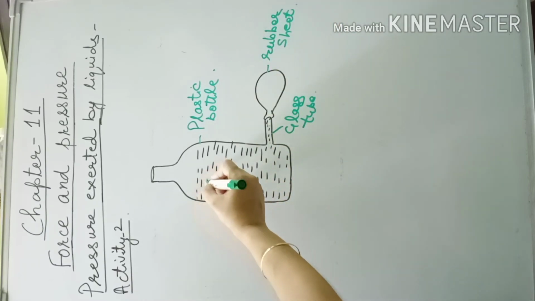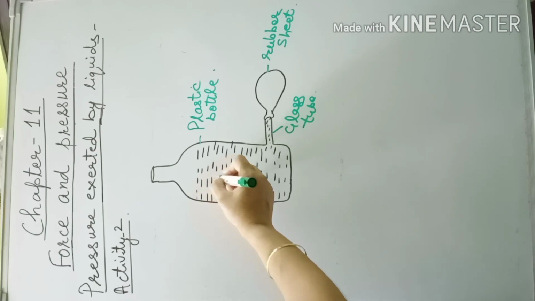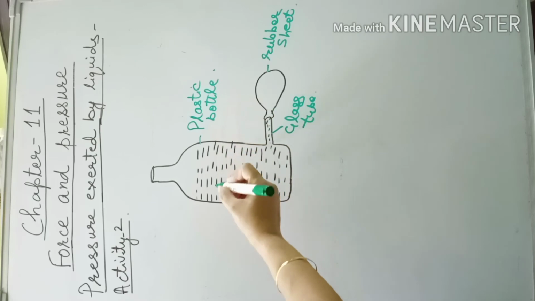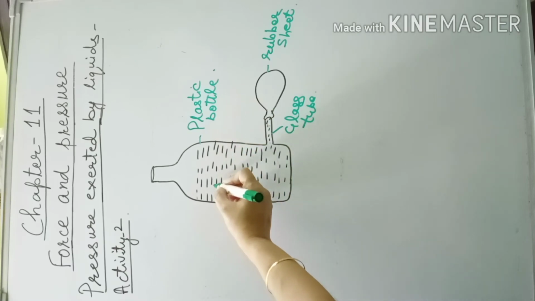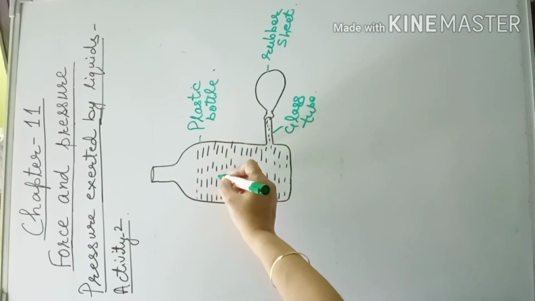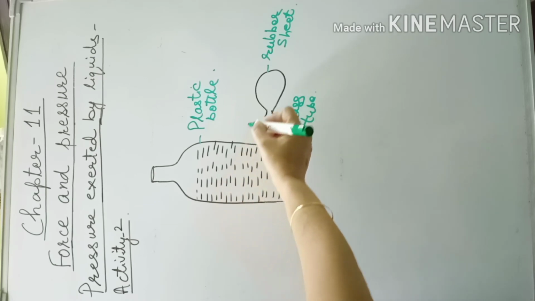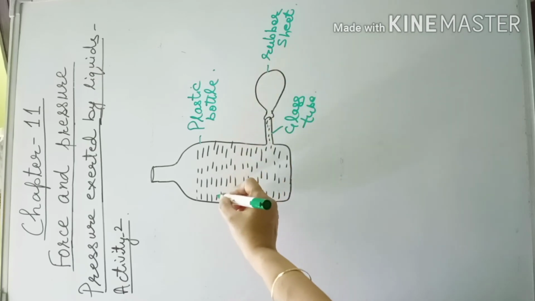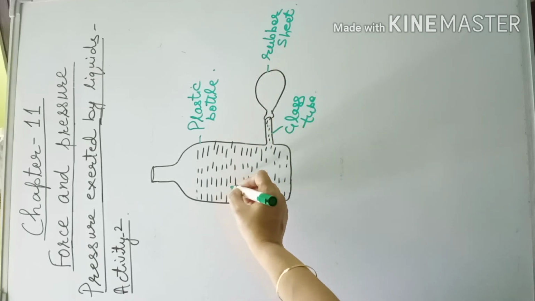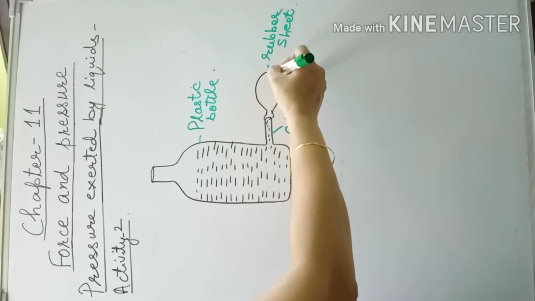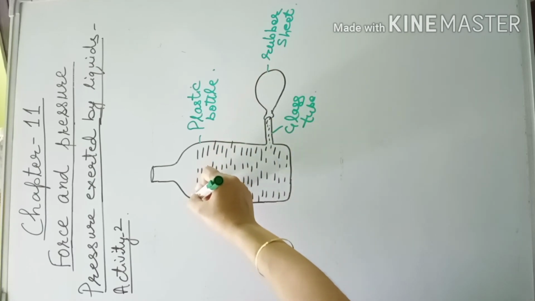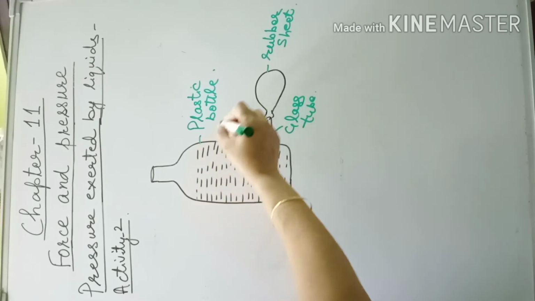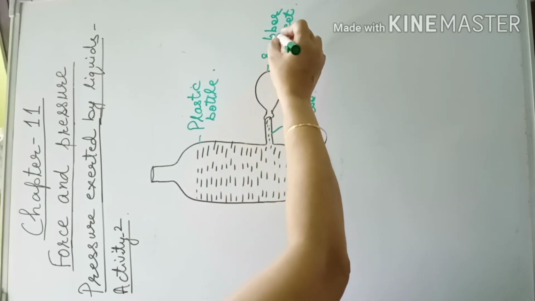Now fill the bottle up to half with water and then observe the bulge in the rubber sheet. Now pour some more water in the bottle and then observe again, is there any change in the bulge of the rubber sheet? So when the water is less in the bottle, the bulge in the rubber sheet will be less, and when the water in the plastic bottle will be more, then the bulge in the rubber sheet will be more.